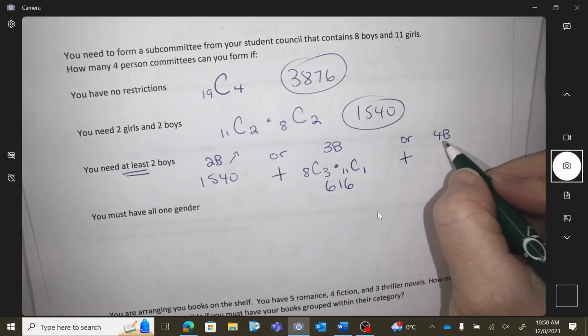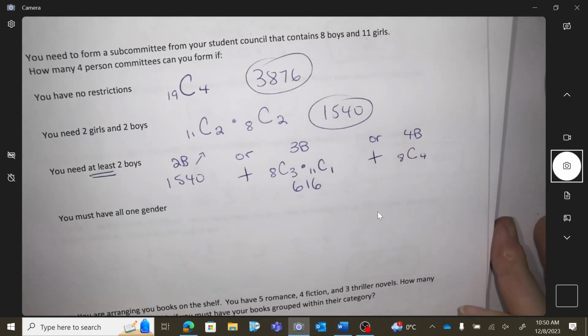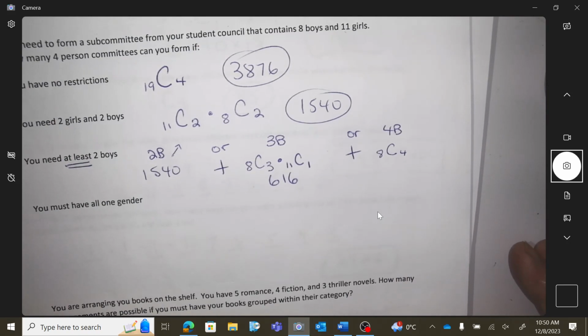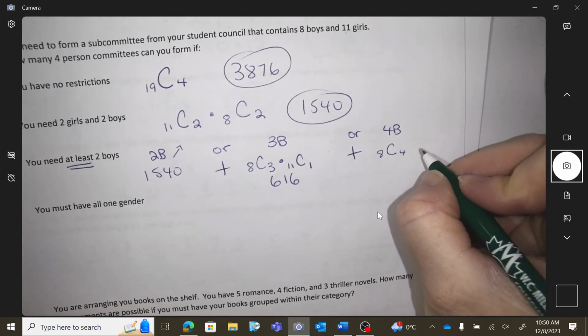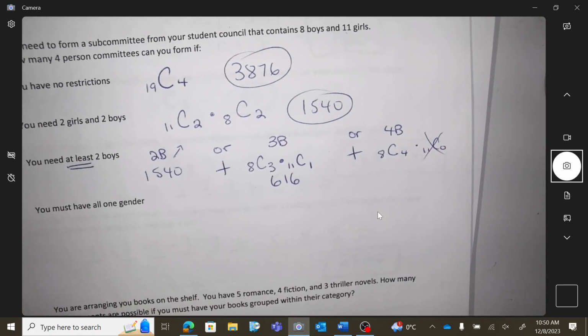And if you were doing 4 boys, that's an 8, choose 4. Okay, that's it. You can put 11, choose 0, but it's not needed because it doesn't matter. You're not putting any girls on there.